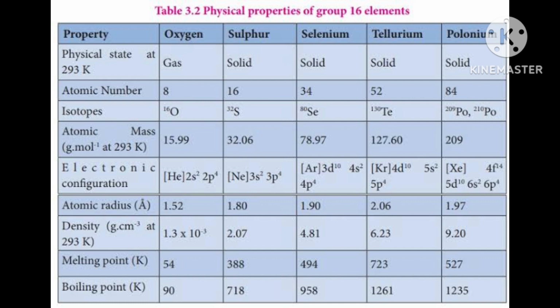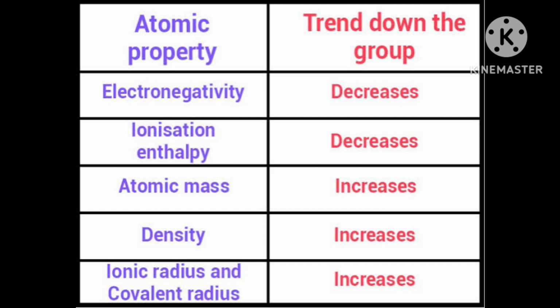Otherwise, just like water, H2S would have existed, but it is not like that, because sulfur is very less electronegative, not like oxygen. Oxygen is a very, very electronegative element. These are the important things I told you.